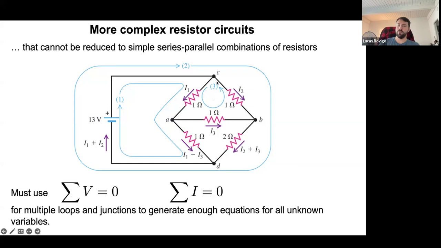They're creating loops, and these two resistors are not in series, but they're not in parallel because they're not connected to the same point. So we cannot just simplify everything and get the equivalent resistor.